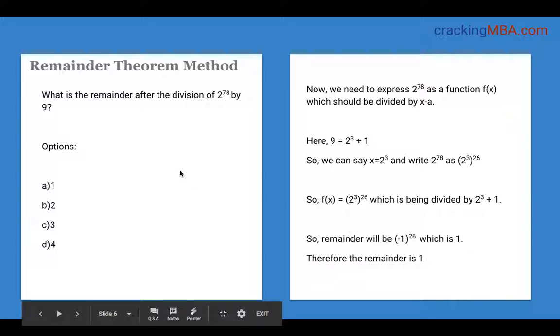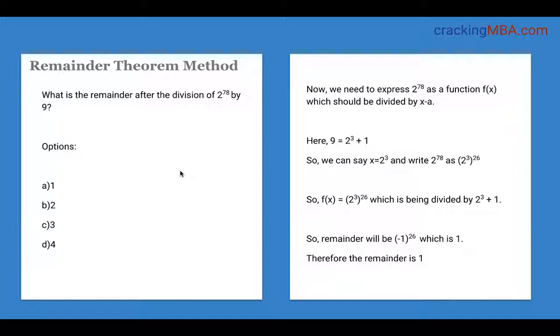Let us now see another similar question. What is the remainder after division of 2 power 78 by 9? Here we are dividing by 9, whereas earlier we divided by 7. So 9 can be expressed as 2 power 3 plus 1. Just as in the previous question, we assume 2 power 3 as x, and therefore 2 power 78 can be written as x power 26.